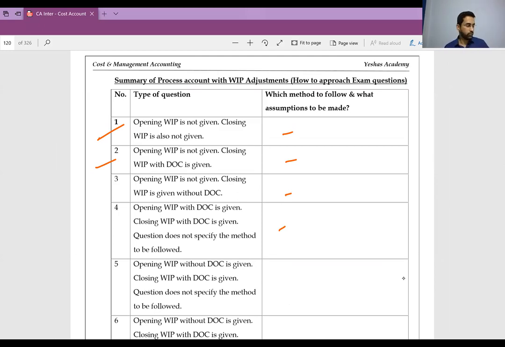Okay, I know we have still not solved question number 9, 10, 11, but we will be able to understand this table now itself. So let us discuss. I want all of you to write the answer in your textbook in the box provided there. Now you will understand what are the types of problems that can come in exam and how do we approach it. Okay, let us begin.